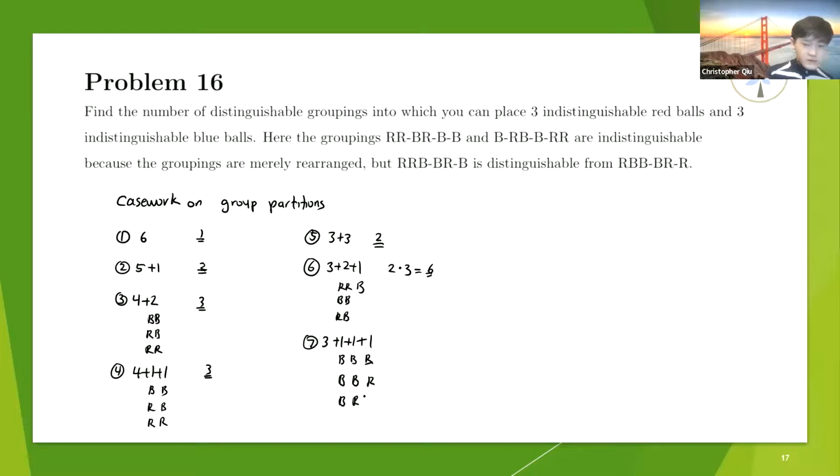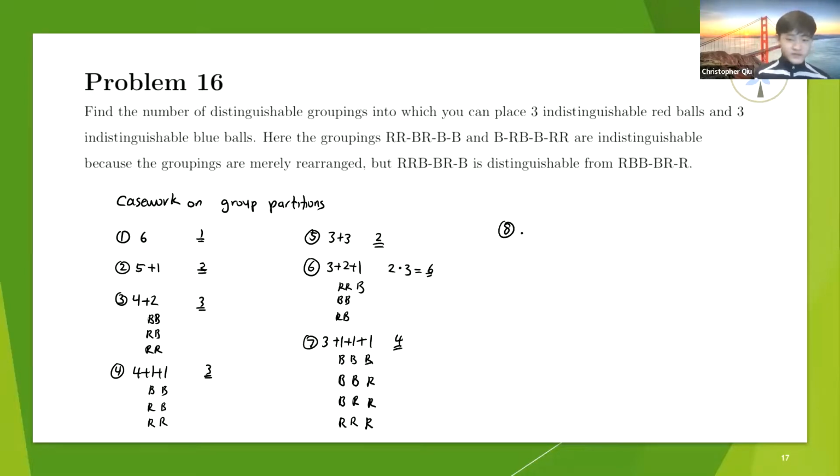The possibilities are shown here. And any rearrangements of this give the same thing, because those are not counted twice. So in this case, there are exactly 4 possibilities.